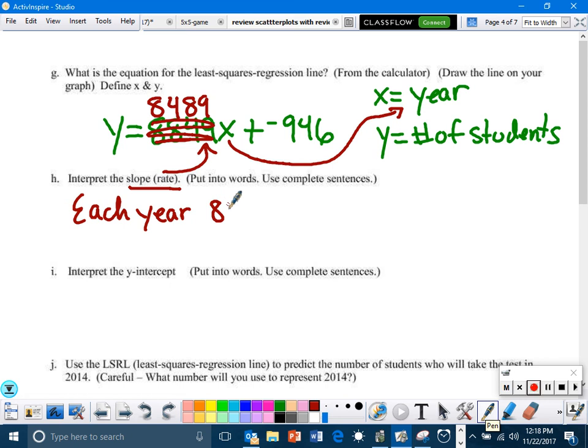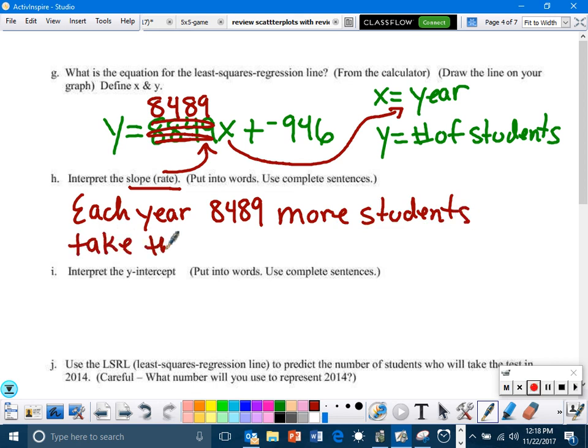Okay, so 8,489. So each year, 8,489 more students take the AP Stats test.